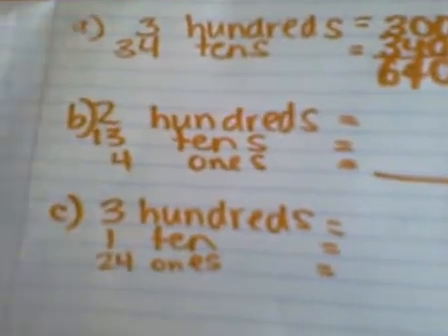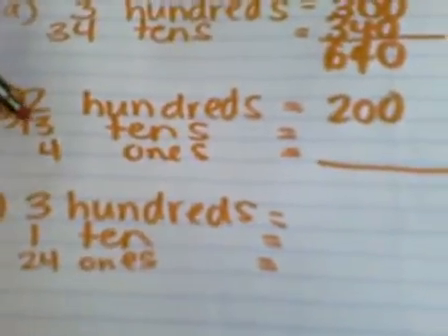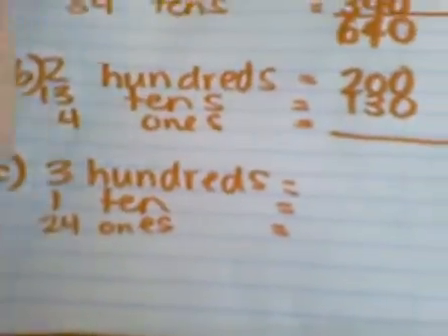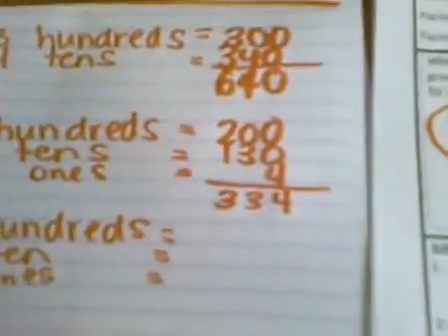Let's check B out. B says 200s. That value is 200. 13 tens. That would be 130. 4 ones, which would equal 4. If I add those all up, I get 334, which does match my value. So B is one possible answer choice.